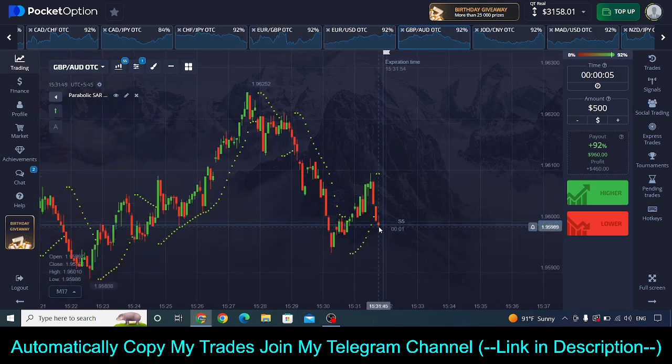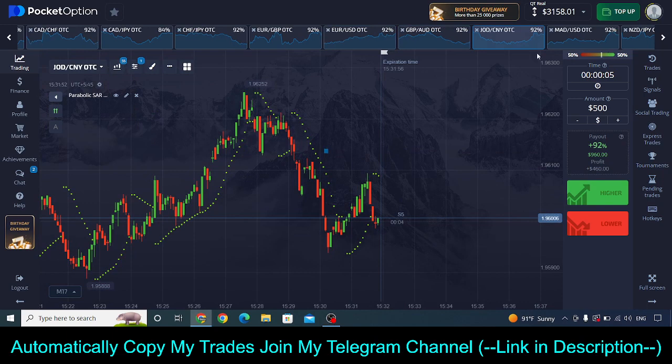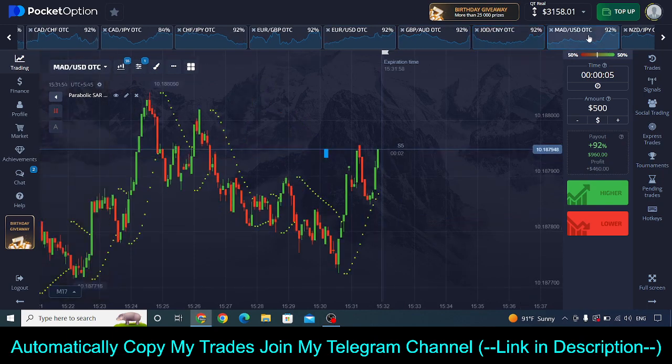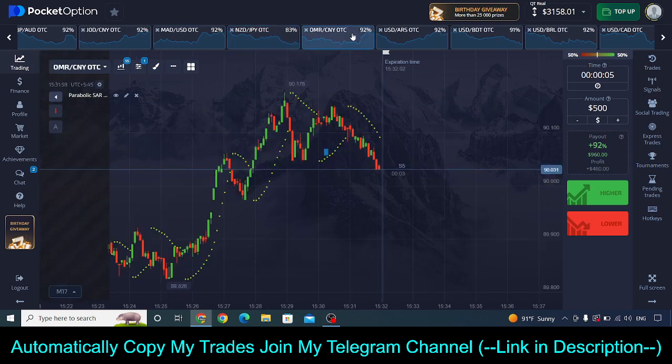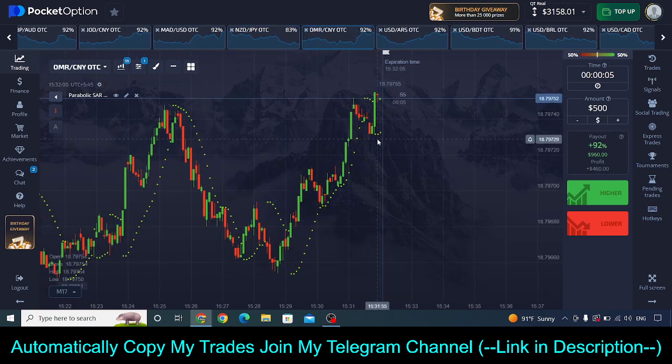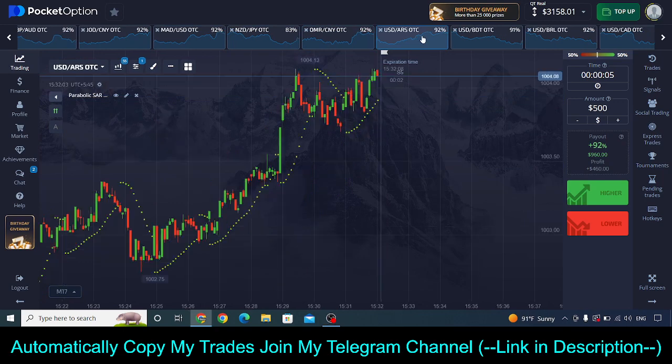Here we missed this trade, okay, we could have made profit. Let's keep on. Here also we just missed the trade, but we could have made loss.